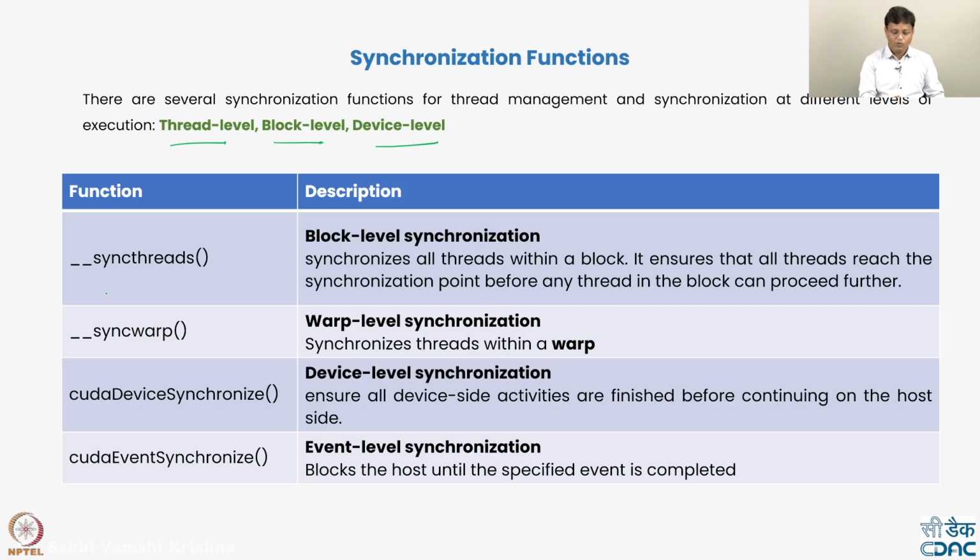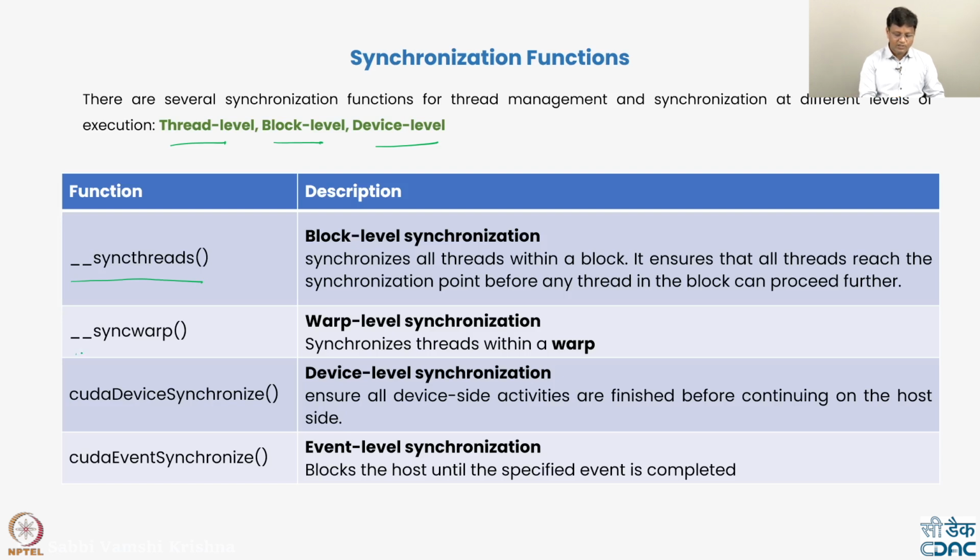If you want block-level synchronization, the function is __syncthreads. It synchronizes all the threads within a particular block, ensuring that all threads reach the synchronization point before any thread in the block can proceed further.